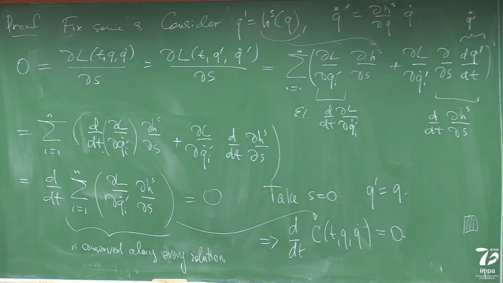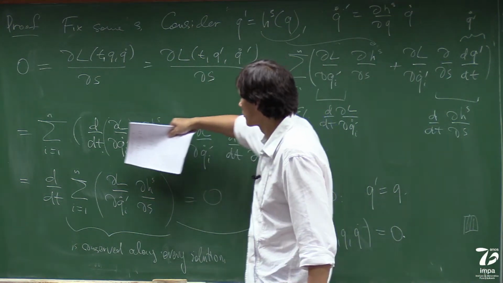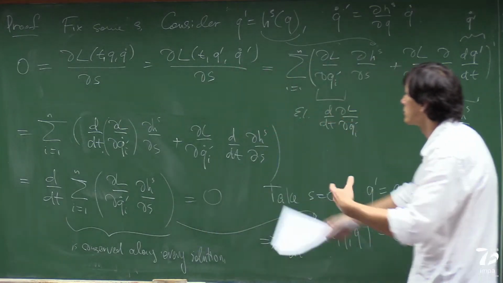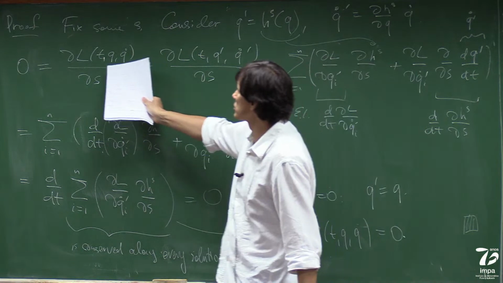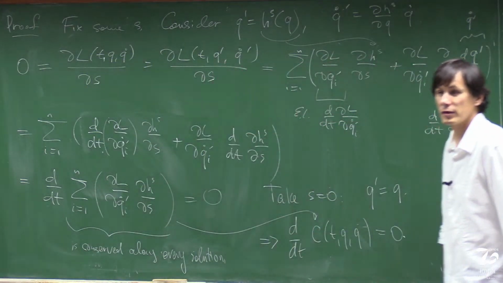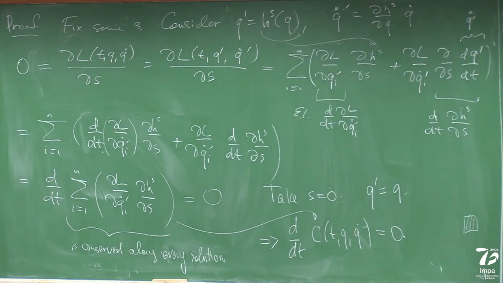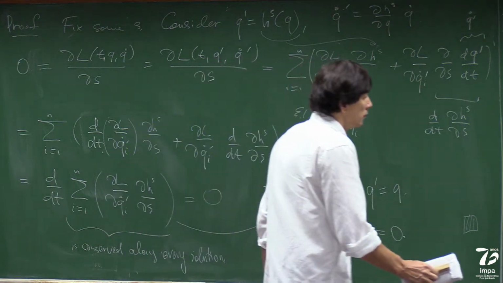So you start with the derivative with respect to the symmetry variable s and end with the derivative with respect to time by this manipulation. And this means that independence of the Lagrangian with respect to s implies the independence of the conserved variable with respect to t. So that's the whole story.